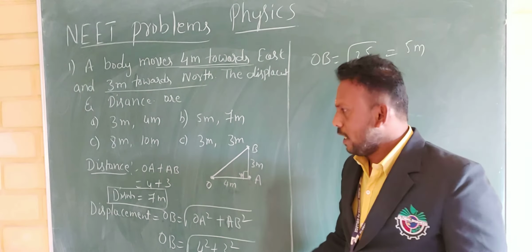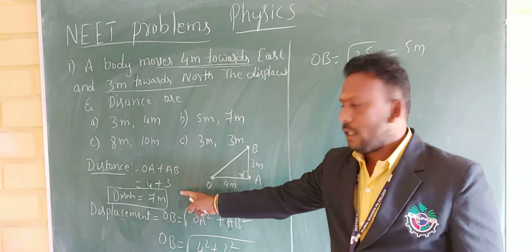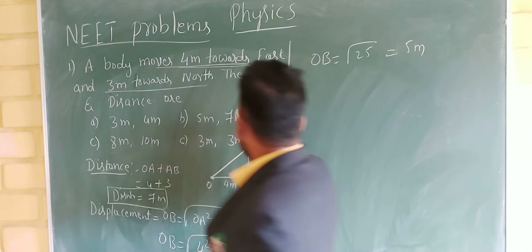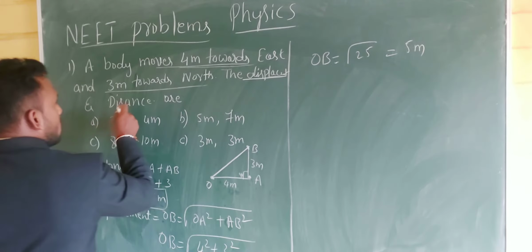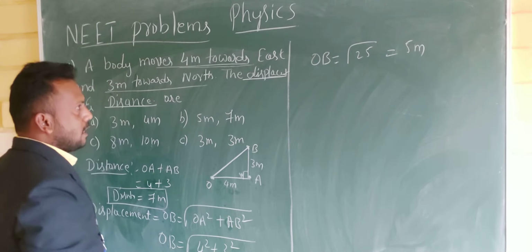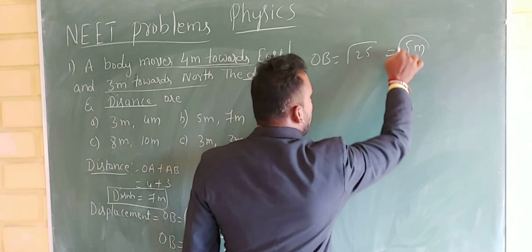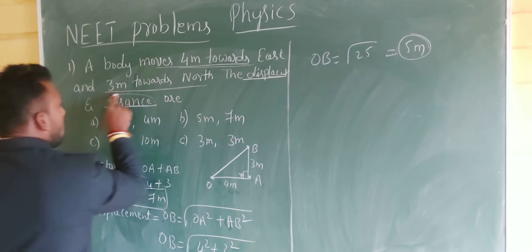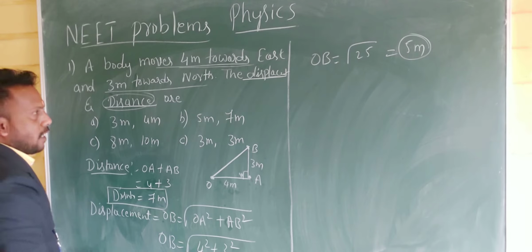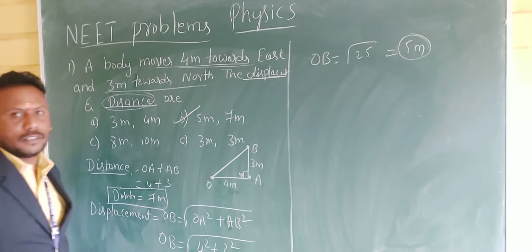Displacement is 5 meter and distance is 7 meter. Here displacement is given first and then distance. Which one is the correct answer? Option B is the right answer. Okay.